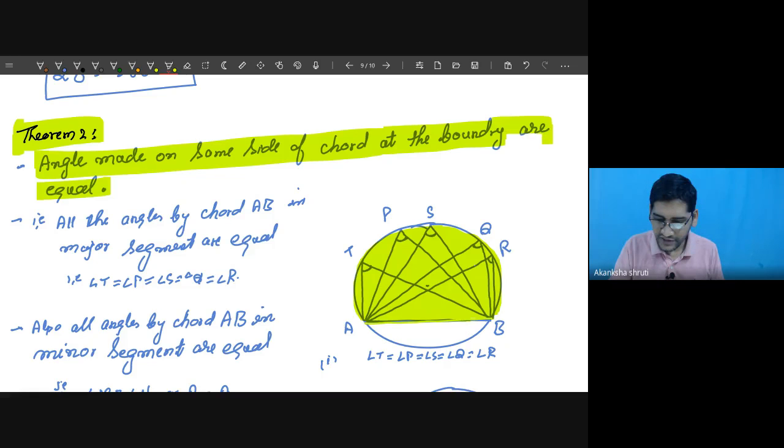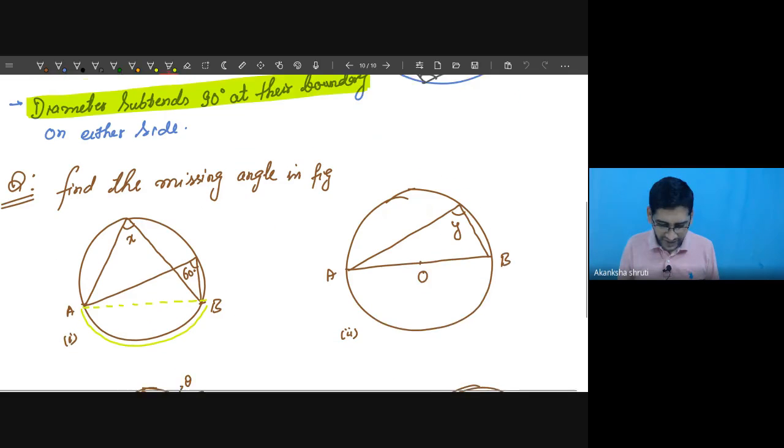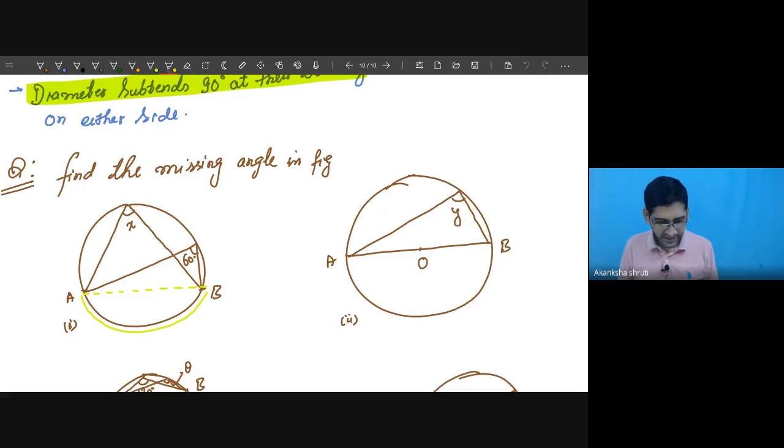You people are forgetting. This I had explained right now. So in this way, here we can observe that point P and point Q are on the same side of the chord, on the same arc. Which arc? It is the major arc.